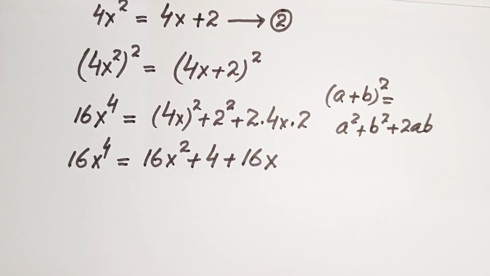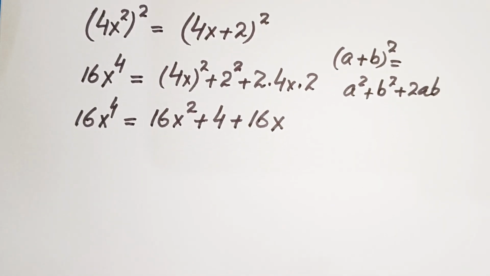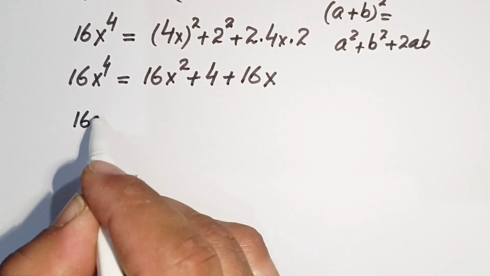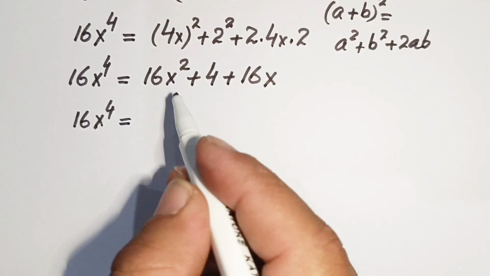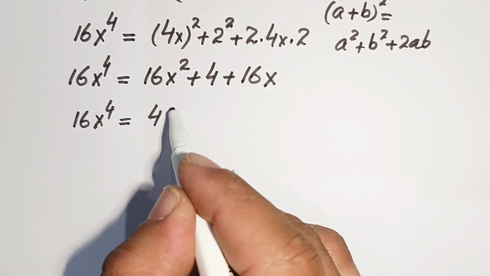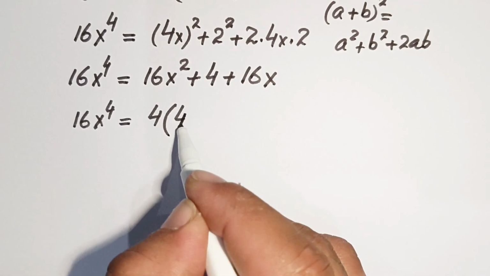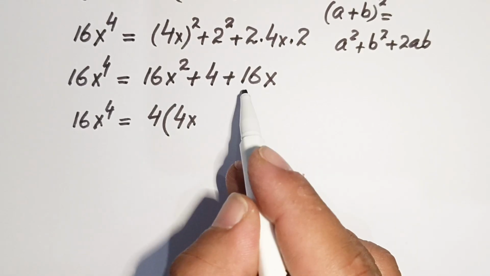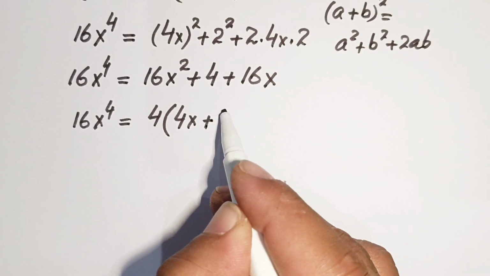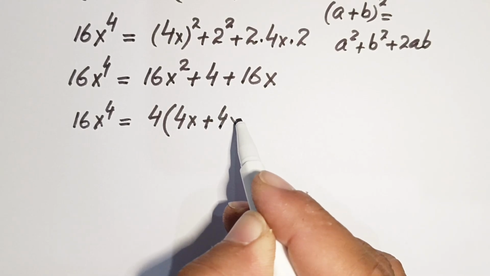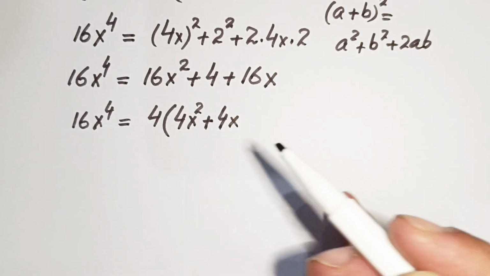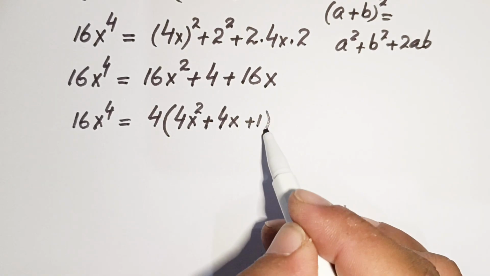Now if we take 4 common on our right hand side, then we have 16x to the power 4 is equal to 4 times (4x squared plus 4x plus 1).